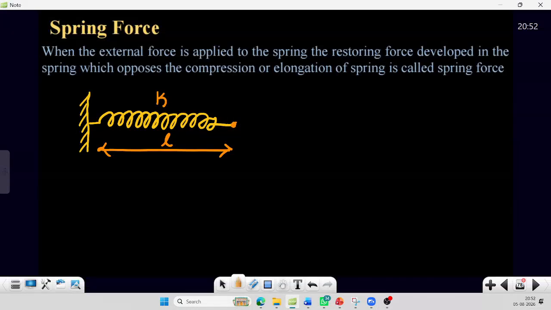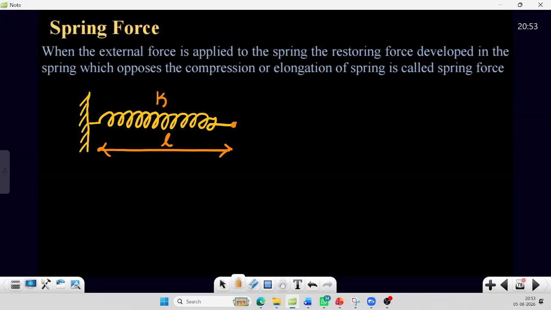Here you might be seeing springs: we have a small spring, and we also have heavy springs. In our pens we have springs that are very thin, so when you apply a little amount of force, they get deformed. Elongation or compression will happen. In bikes we have shock absorber springs, and lorries also have shock absorber springs. Those are heavy, which means those springs have a high spring constant.